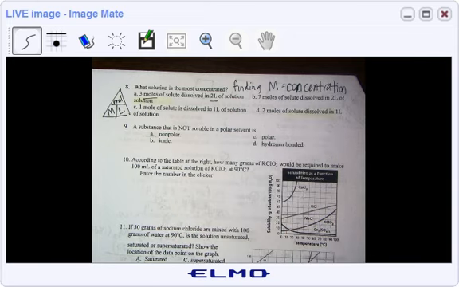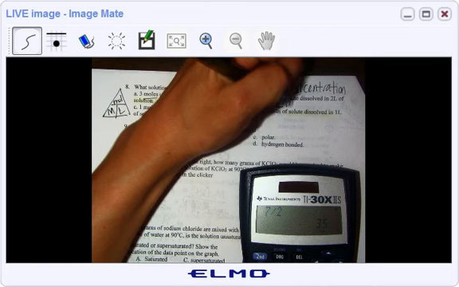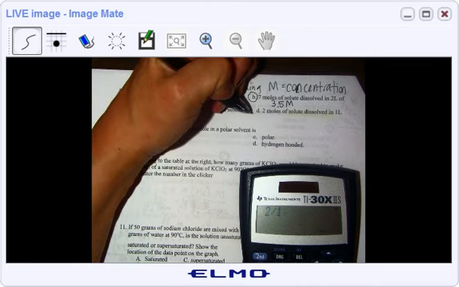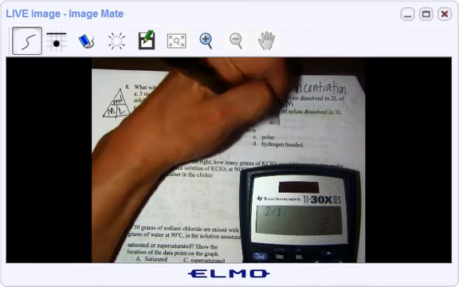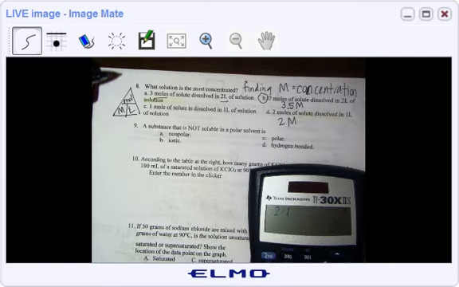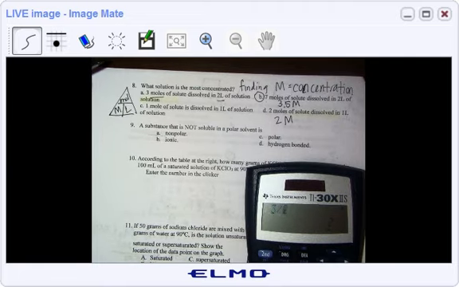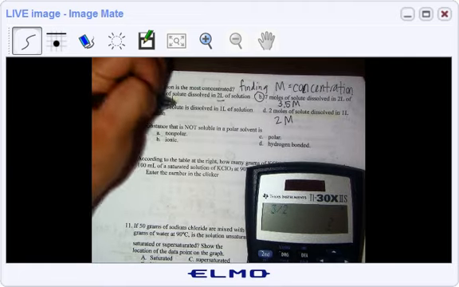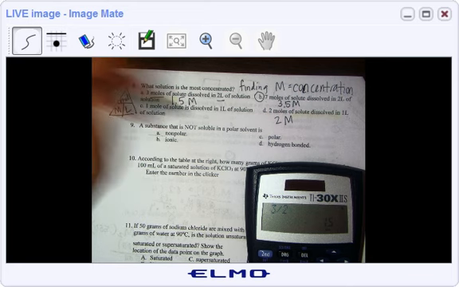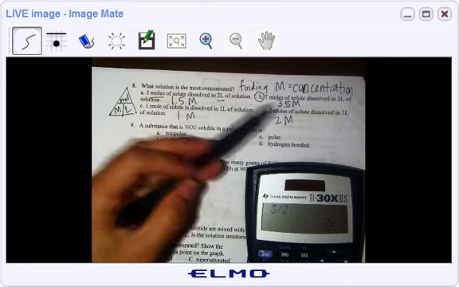The correct answer is B, 7 moles of solute. 7 divided by 2 is 3.5 M. 2 divided by 1 is 2 M. 3 divided by 2 is 1.5 M, and 1 M. So this has the highest concentration.